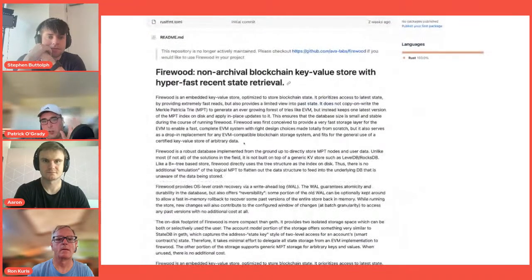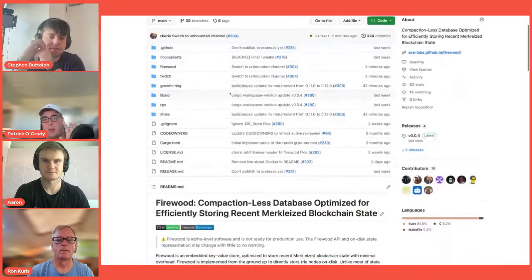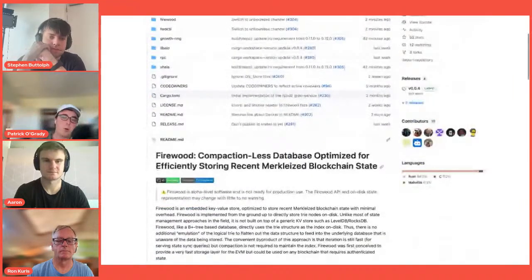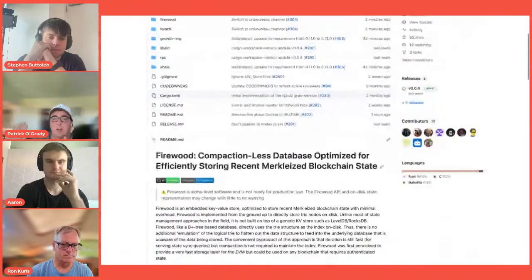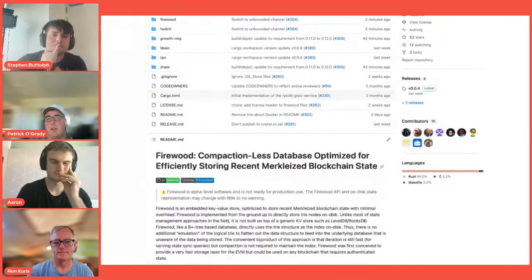Since the original prototype, a number of other folks at Avalabs have been using and extending Firewood for compatibility with the MerkleDB trie format. Ron, who's on the call here, has been one of the contributors to that effort, getting things compatible with our MerkleDB implementation that we're switching our virtual machines over to.